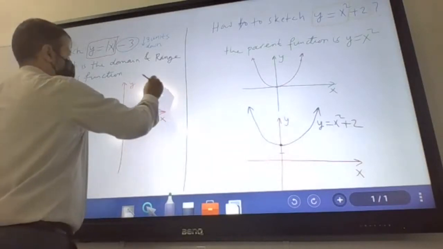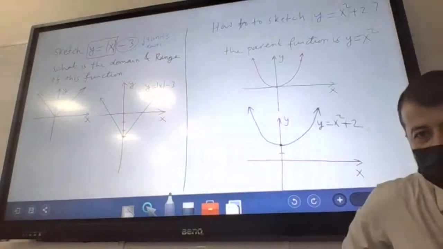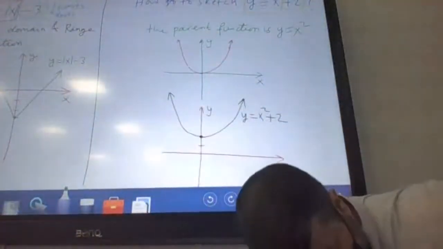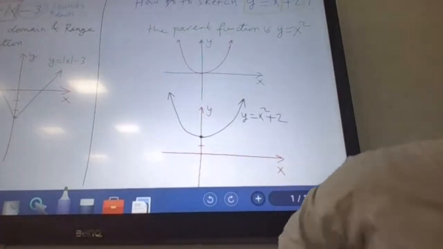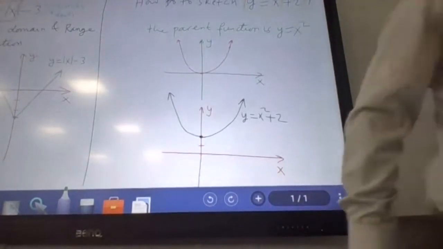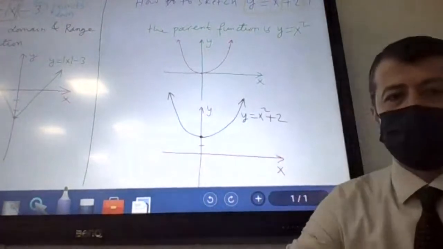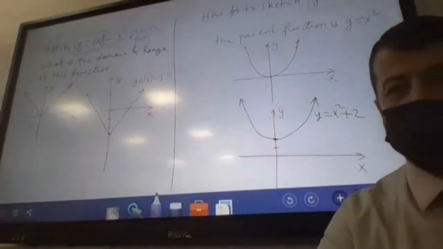This is absolute value of x minus 3. So what's the domain and the range of the new function?